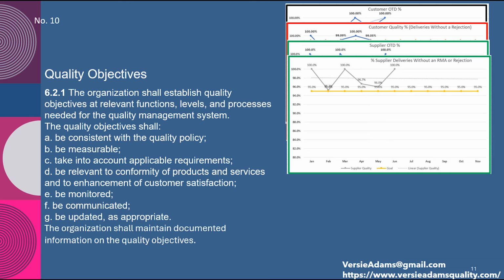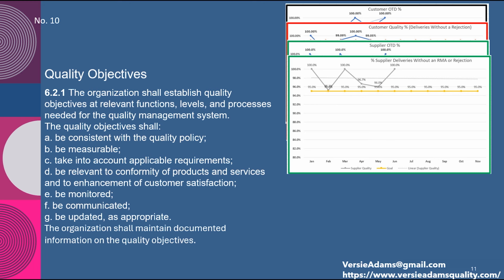So what I'm finding when I look at the quality objectives, I'm finding a few things wrong. The one that's really obvious is 6.2.1(b), be measurable. What I'm seeing is organizations with quality objectives that just state the quality objective is to deliver product to the customer on time.